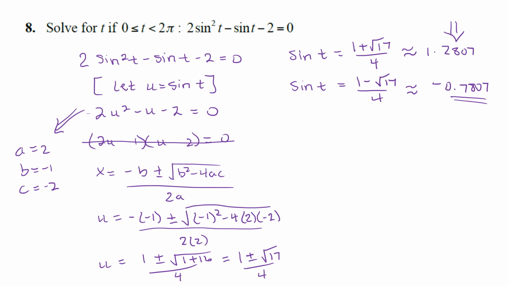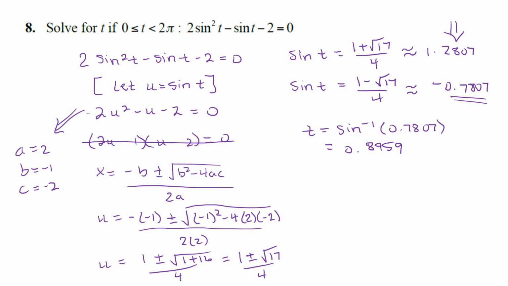So we'll use this as our reference angle. So let's find the inverse sine of 0.7807, and this will get us 0.8959 rounded to 4 decimal places.